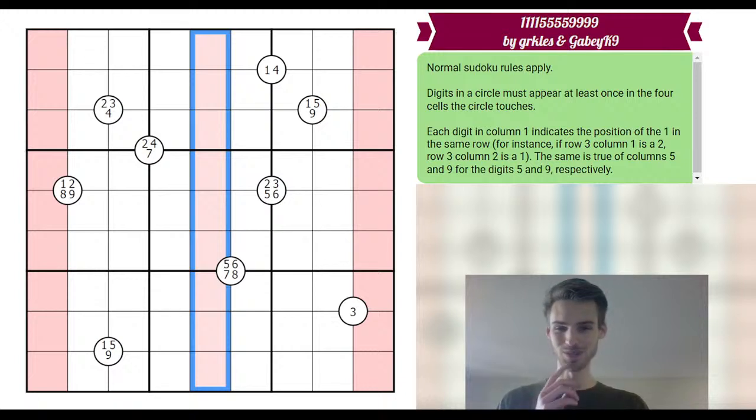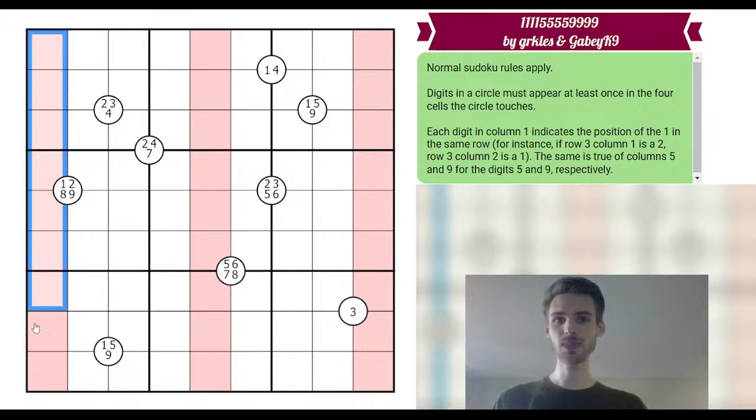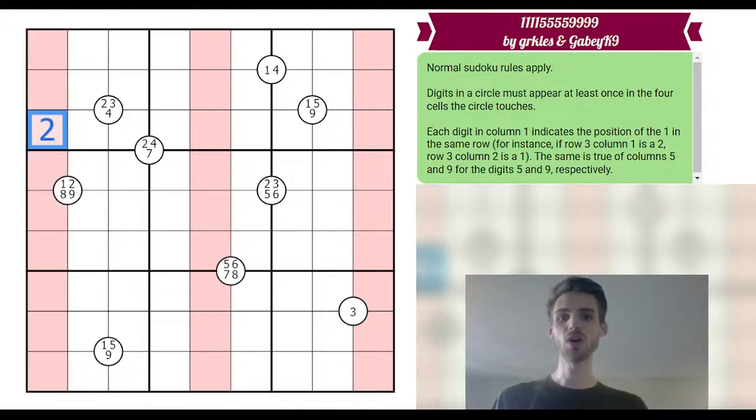I'm not sure I understand what that means, but maybe I'm just reading it weirdly. But anyways, the 159 says each digit in column 1 indicates the position of the 1 in that same row. For instance, in row 3, column 1, if that's a 2, oh, the title, okay, gotcha. Right, 4 of each, duh, quad.